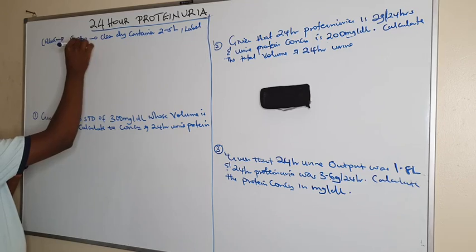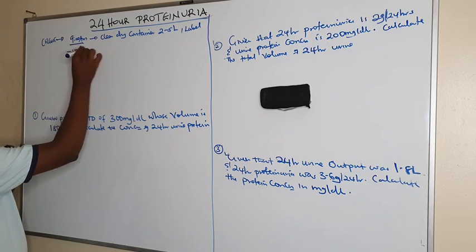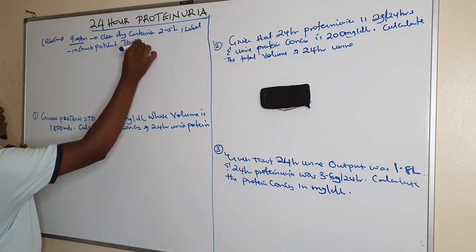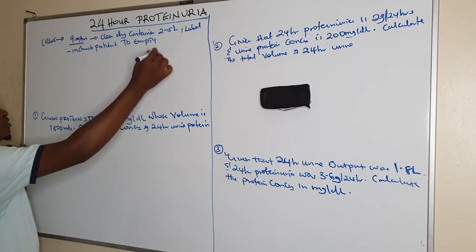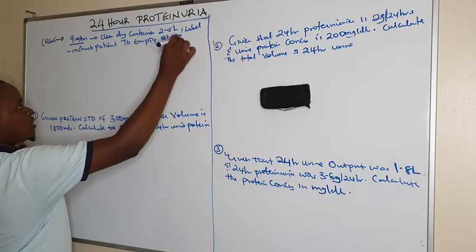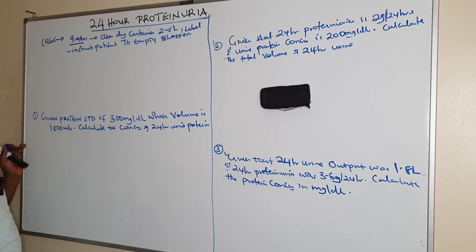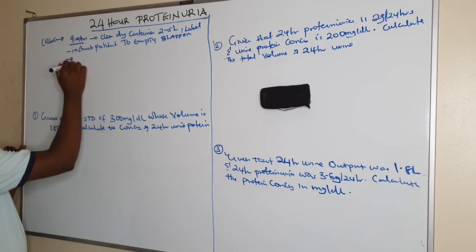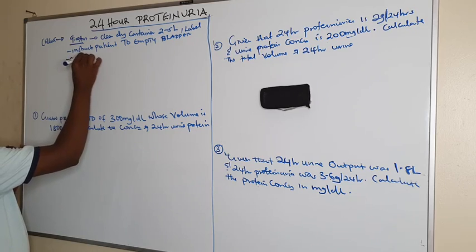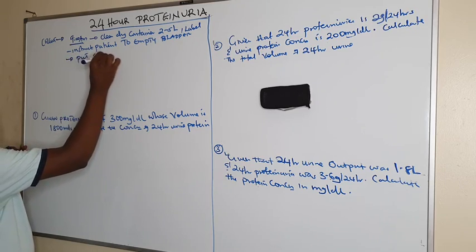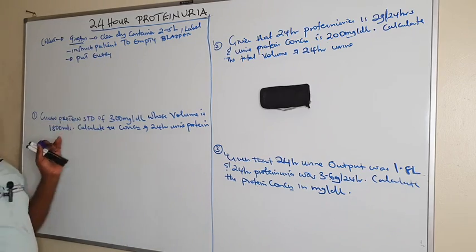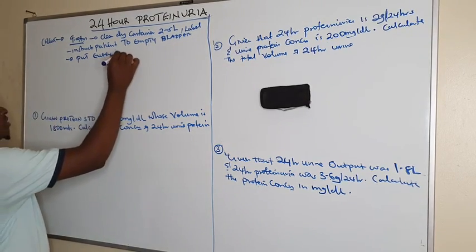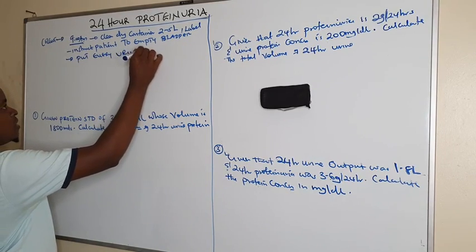So when 9 a.m. reaches, you instruct the patient to empty the bladder exactly at 9, and then you tell this patient to start putting urine, to put every urine from 9 a.m. after emptying, that every time they feel urinating, they should put urine in the container.